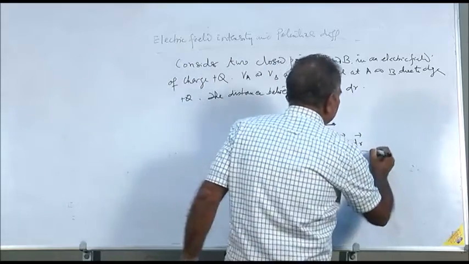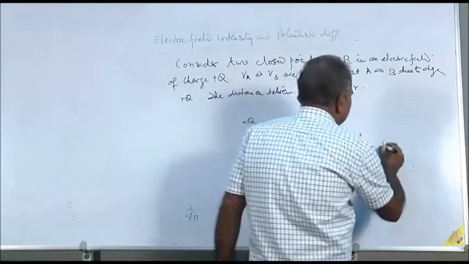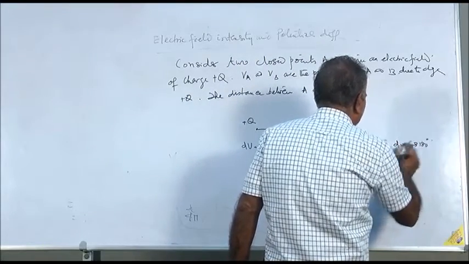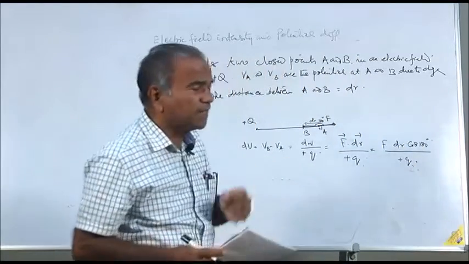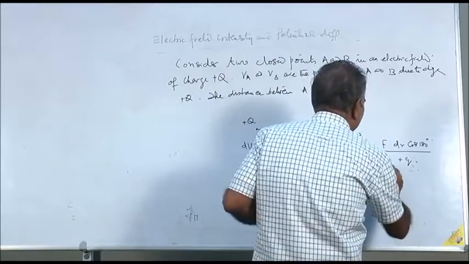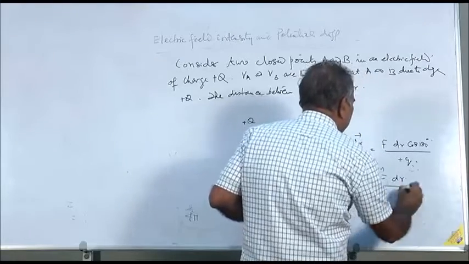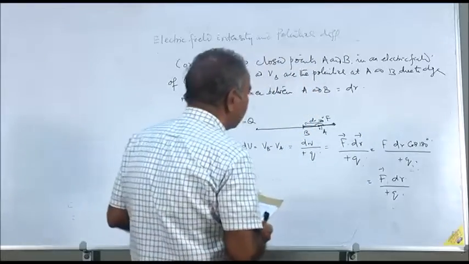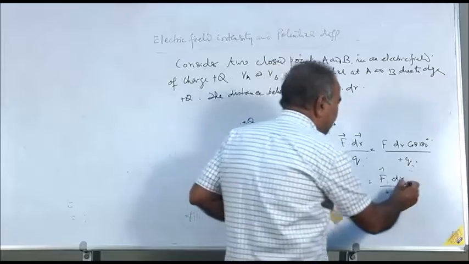So, F dot dr is F dr cos theta, with theta equal to 180 degrees. So, this is F dr cos 180 divided by plus Q, and cos 180 is minus 1. So, this is equal to minus F dr divided by plus Q, and F by Q, the force experienced by a unit positive charge, is the electric field.